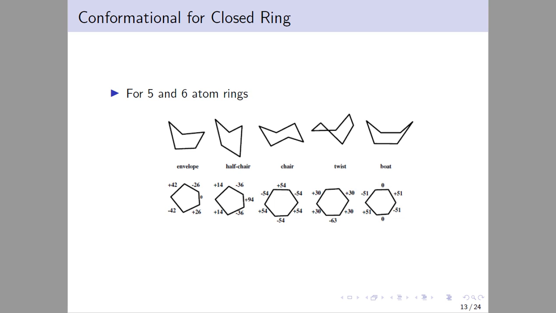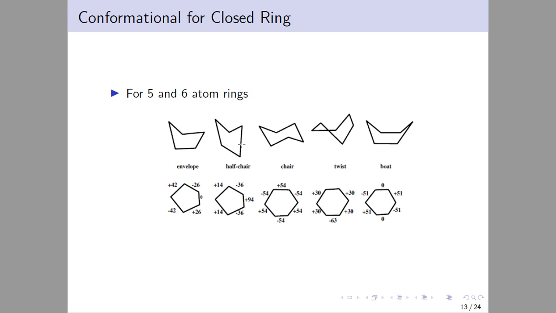Let's say these two are carbon 5, we have 5 carbons. It can be in this shape, or in this shape, or in any other shape, but these are the most known.